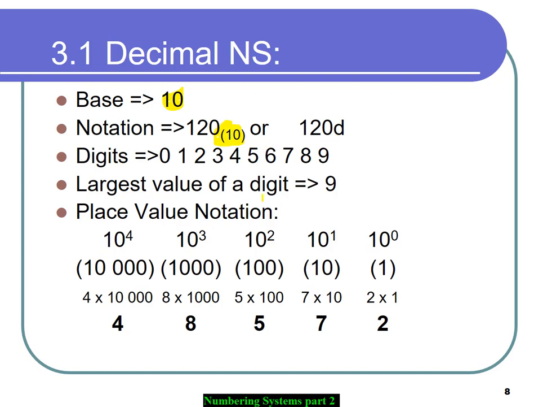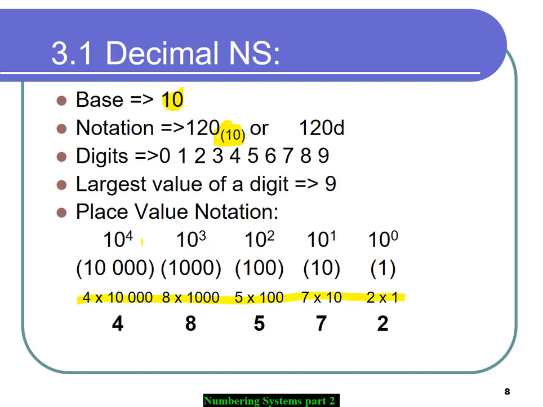The digits would be from 0 to 9, and the largest value is a 9. So the place value notation would then be 10 to the power of 0, 10 to the power of 1, 10 to the power of 2, 10 to the power of 3, 10 to the power of 4. And as I said in the earlier previous video, this is how you would work it out.